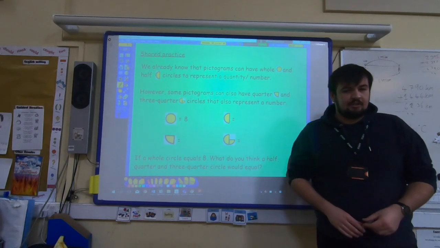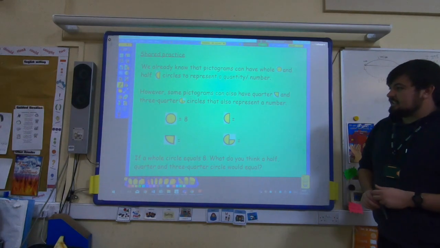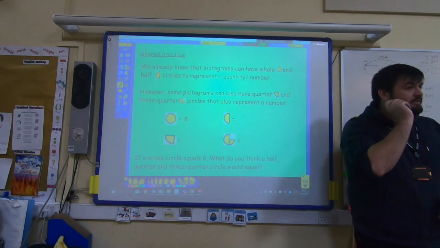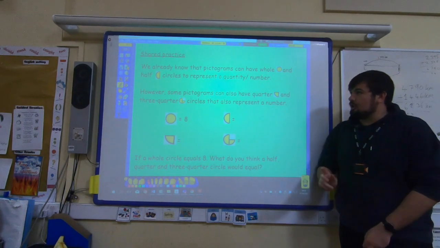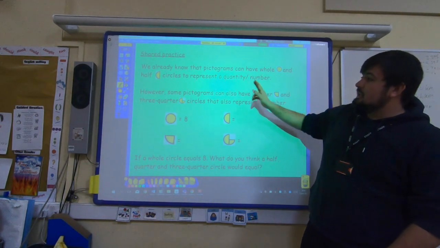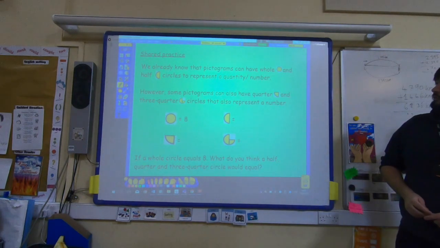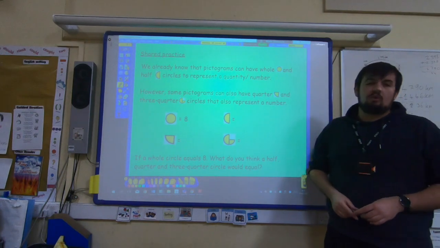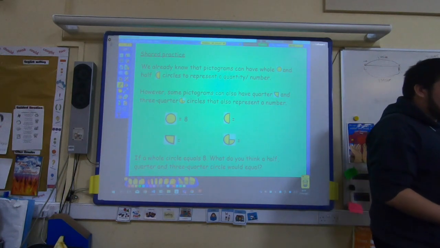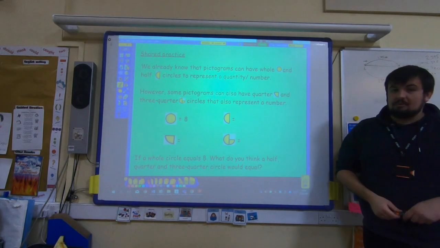So listening and focusing, because today is going to get a little bit more difficult than it was last week. Because last week we focused on our whole circle and our half circle. So we already know that pictograms can have a whole circle and a half circle to represent a quantity or a number. But that's not the only ones it can have.